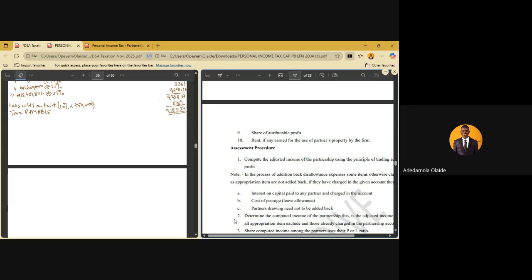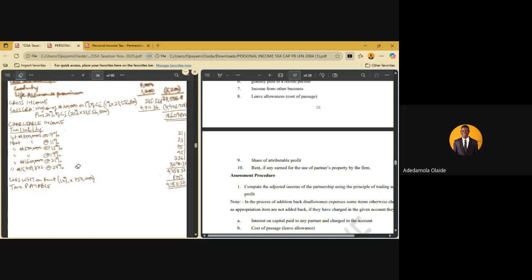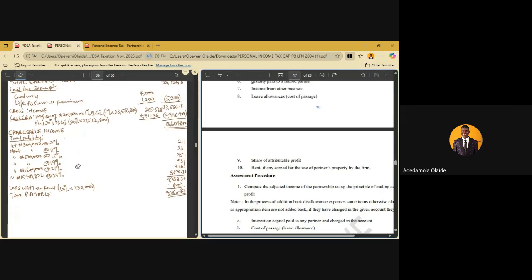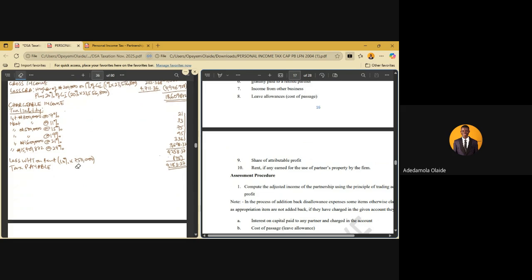And after doing that, we can now proceed with calculating what the taxes of each partner should be.